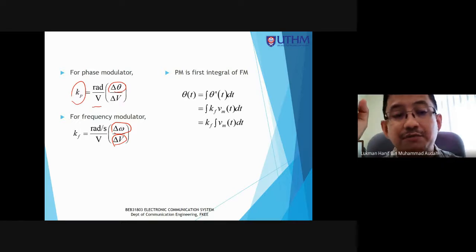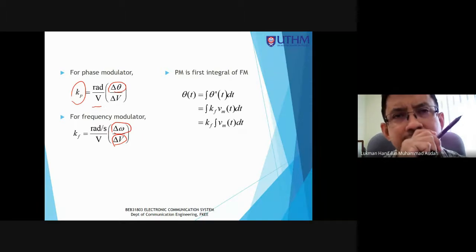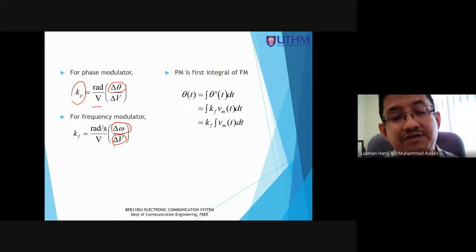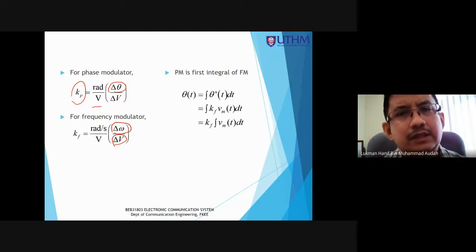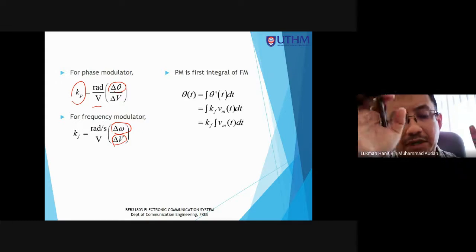Bukan dalam information signal. I already told you last week that this kind of question came out in the previous exam, where students were asked about the sensitivity parameter, Kp or Kf, I don't remember.